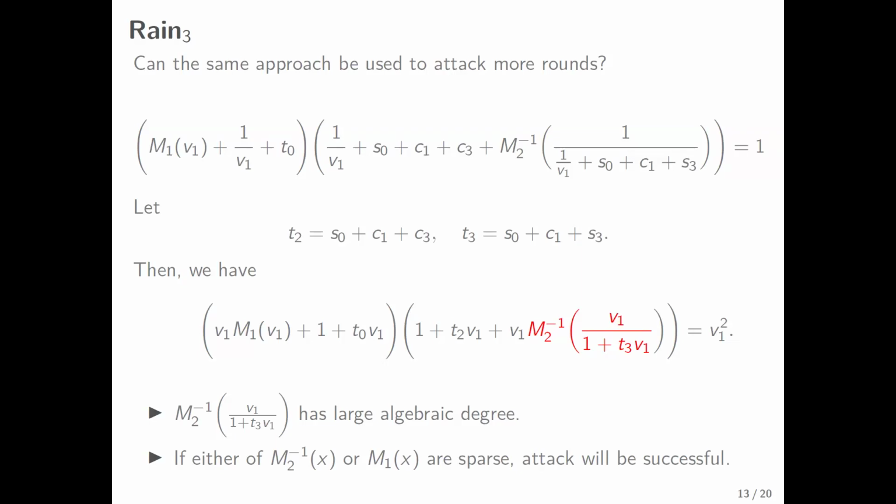I have another question related to this. Do you believe it's sufficient to have those two matrices not sparse, such that the attack is not possible?